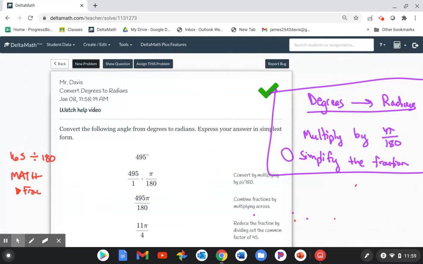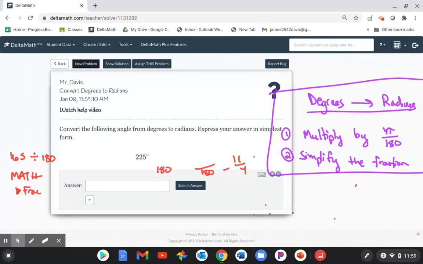Very simple formula. Why don't you go ahead and try this one on your own? All right, this answer times pi over 180 gives you 225 pi over 180. We then just reduce that, math to frac, which is 5 pi over 4.